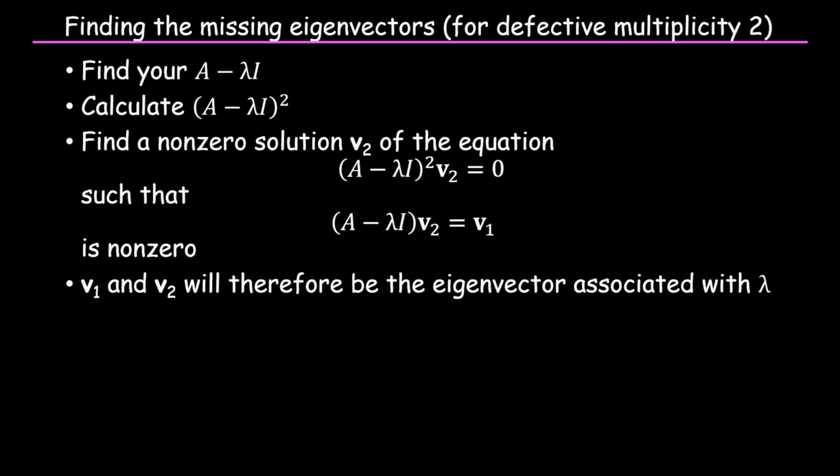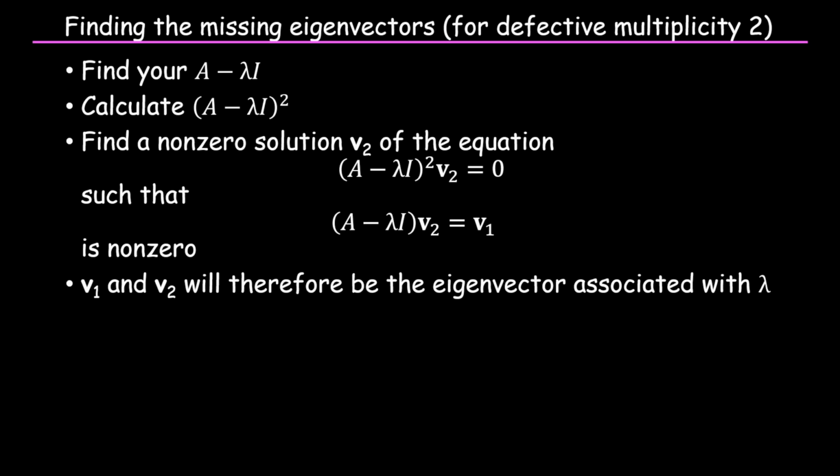So what we ended up doing is we took our first A minus lambda I. When we plugged it in and did row reduction, we saw that the rank is equal to 1, so that means the nullity is equal to 1. That means the geometric multiplicity is equal to 1, so you can only find one eigenvector there.